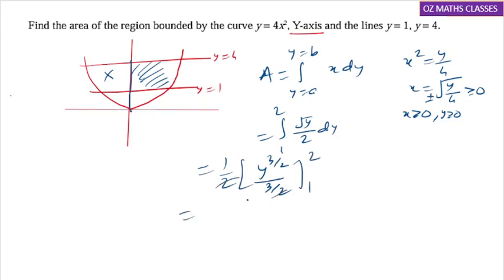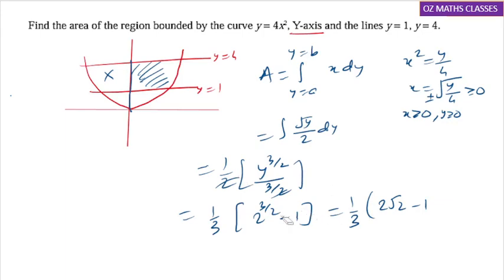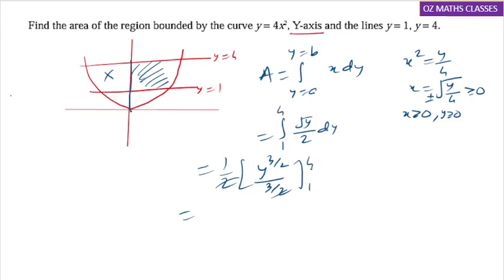So 2 gets cancelled, 1 by 3, 2 minus 1. Sorry, the limit value is 1 to 4.